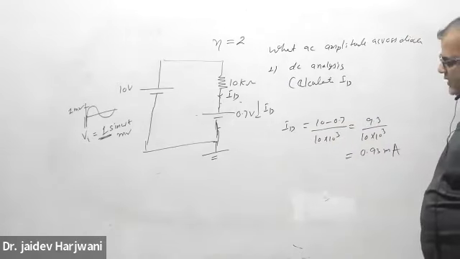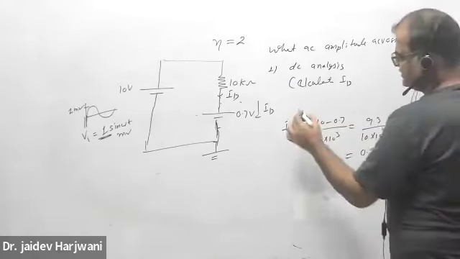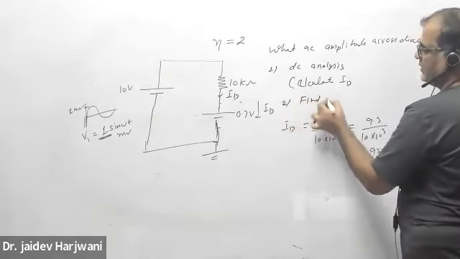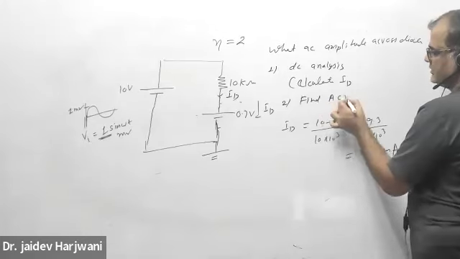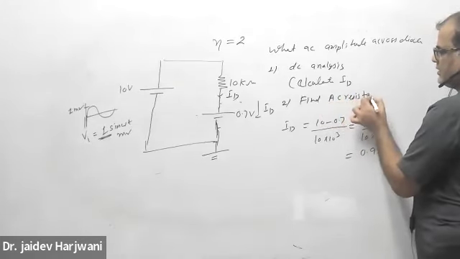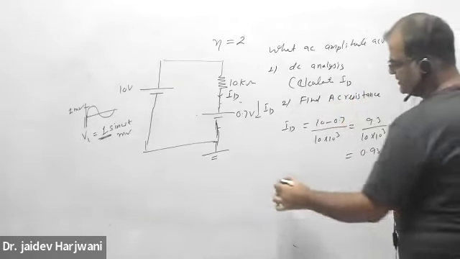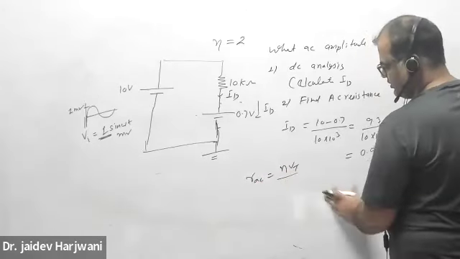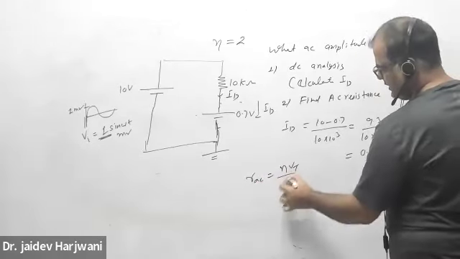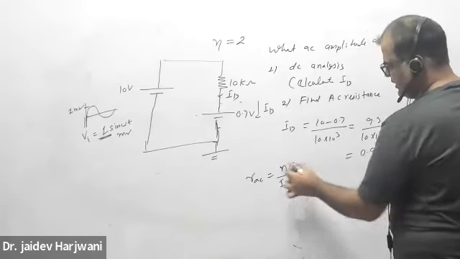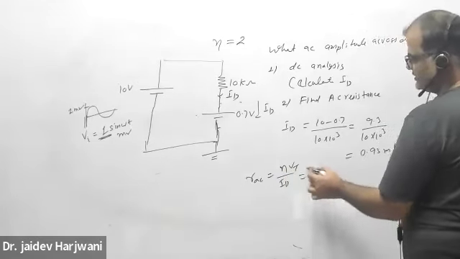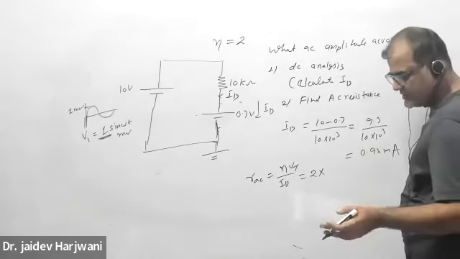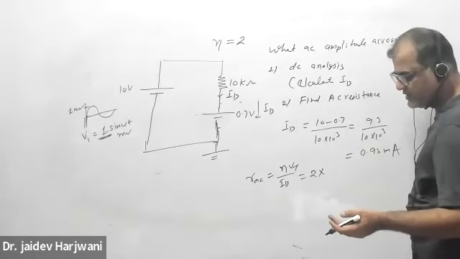Yes, sir. Okay. Now the second step, once you know the ID, is to find the AC resistance. What is AC resistance? RAC equals eta VT upon ID. Eta is given as 2. VT, if it is not given, you can take either 26 or 25. If not given, you can take 26.